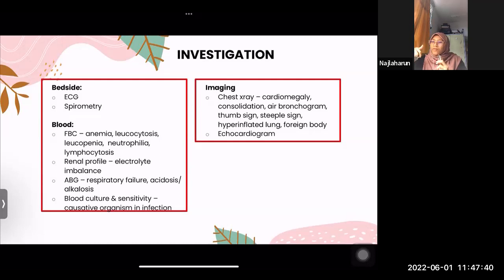In case of a patient with suspected infection, we send blood culture and sensitivity to know the causative organism.